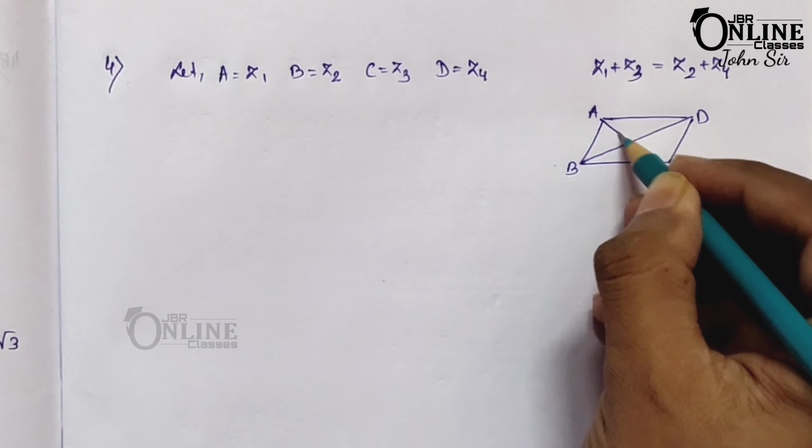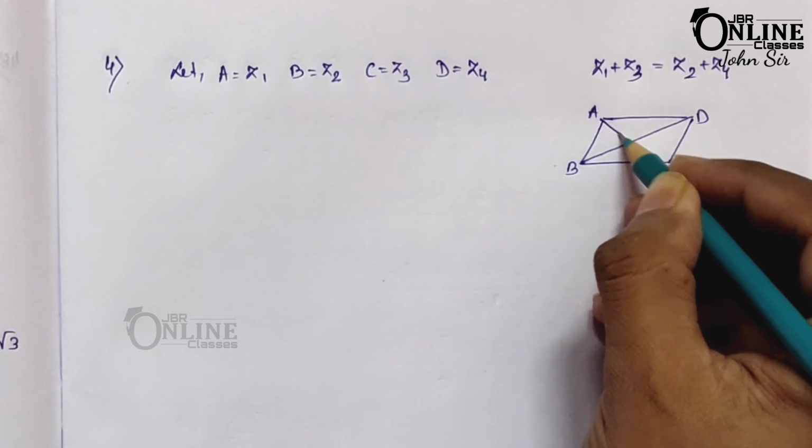That means the intersecting point will be the midpoint of AC as well as the midpoint of BD. That is the main thing in this problem. In a parallelogram, always remember that the two diagonals bisect each other.